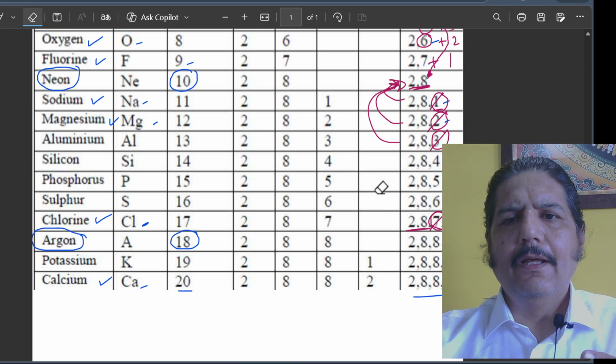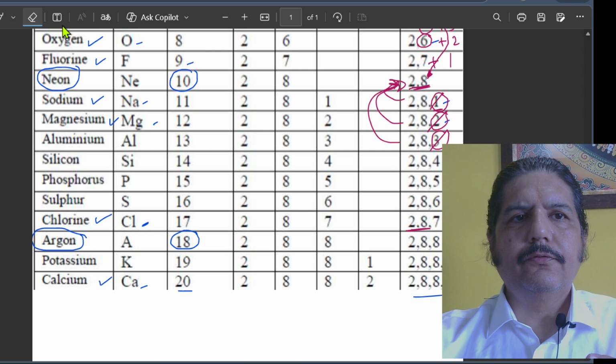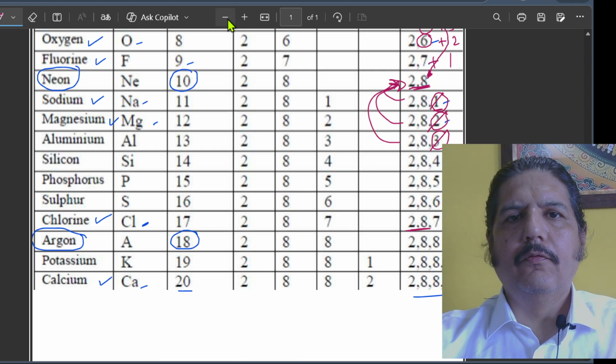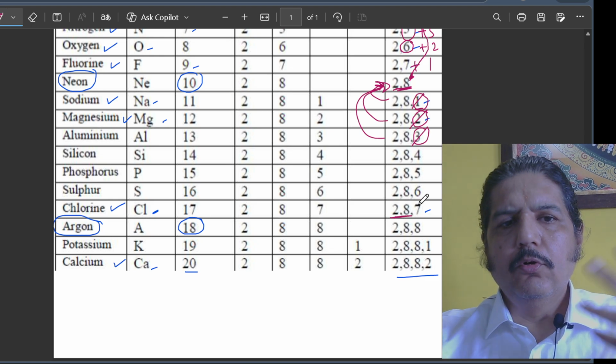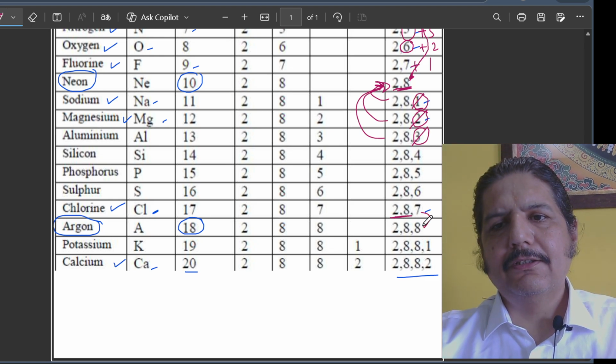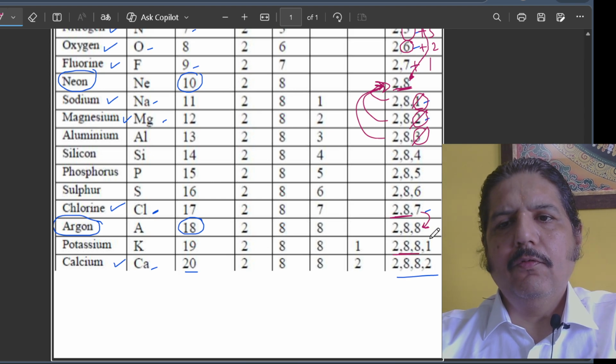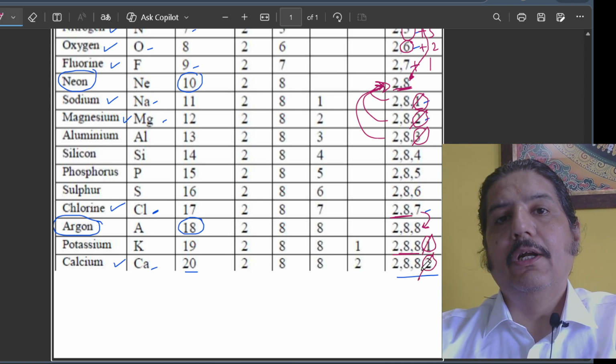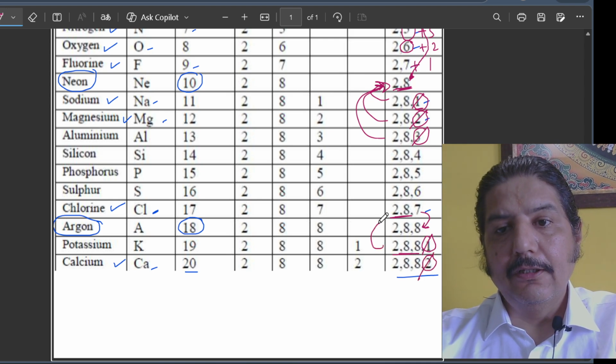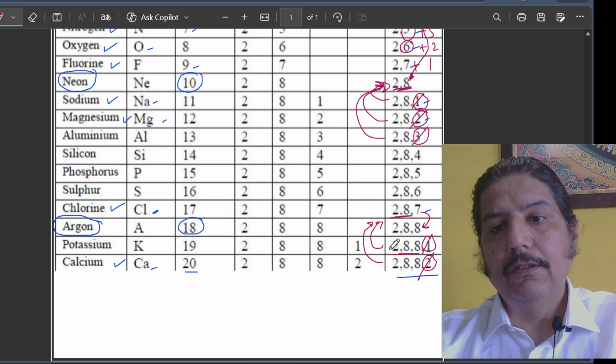It doesn't make sense. Chlorine would rather get one more electron and have a configuration like 2, 8, 8. Similarly, potassium, 2, 8, 8, 1, will rather lose this electron. Calcium will rather lose these two electrons so that they can have a configuration of the nearest noble gas, which is argon.